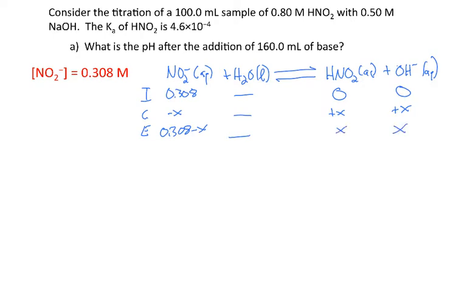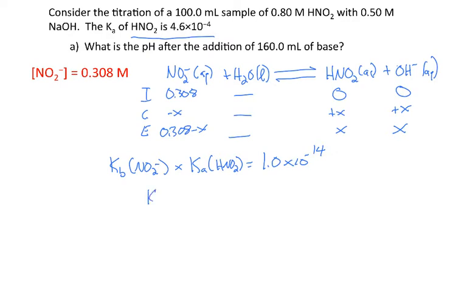All right. Now, in order to do this calculation, I need to know the equilibrium constant. And I know the Ka of HNO2, but what I really need is the Kb of NO2 minus. So I'm going to use that the Kb of NO2 minus times the Ka of HNO2 is equal to 1 times 10 to the minus 14.